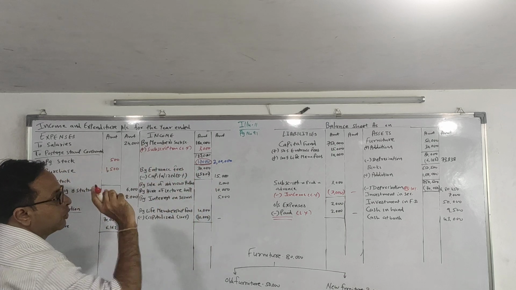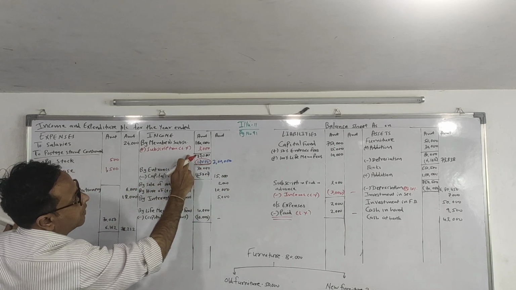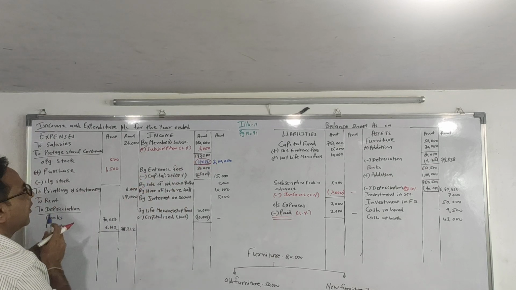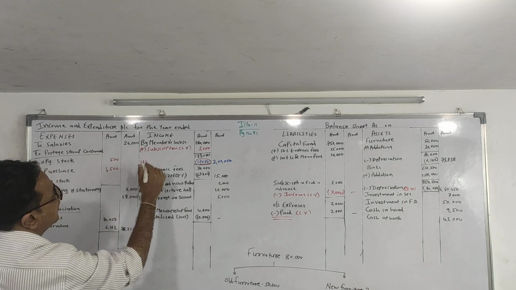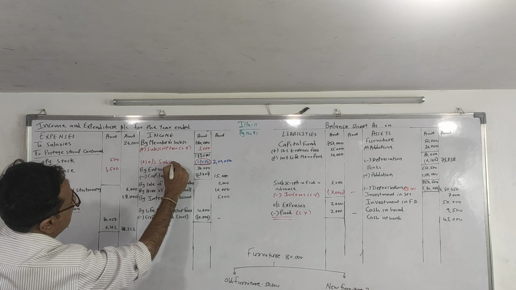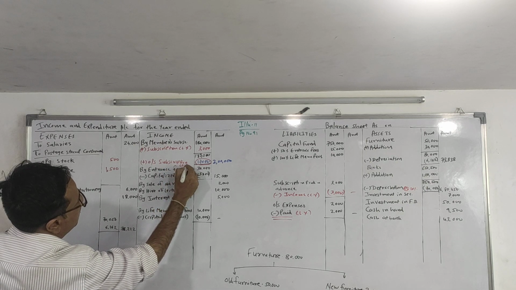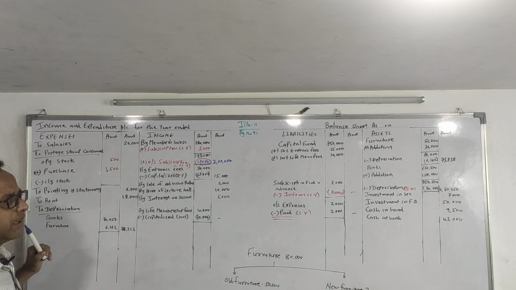You know that your total subscription is ₹2 lakh. How much you have received? 1,83,000. So 17,000 is your outstanding subscription of which year? Of current year. Now what will be the second effect? Current year outstanding subscription.